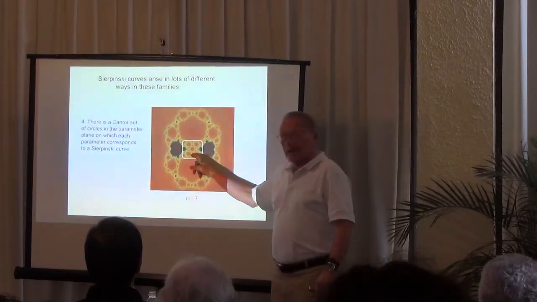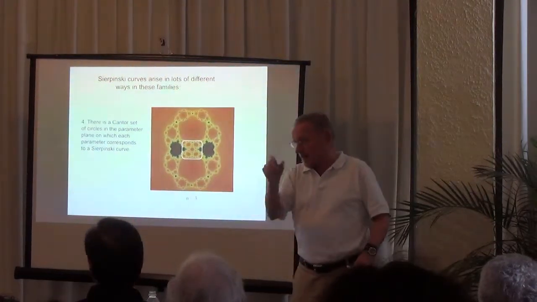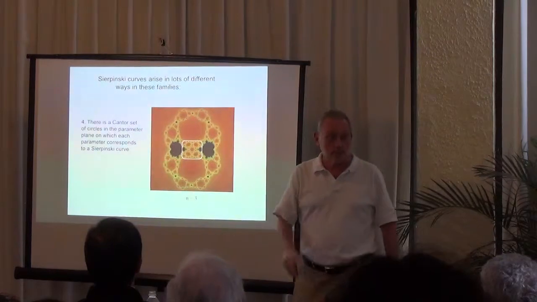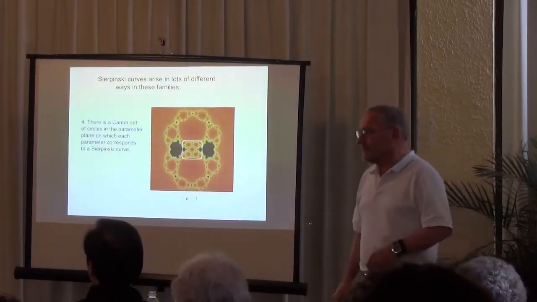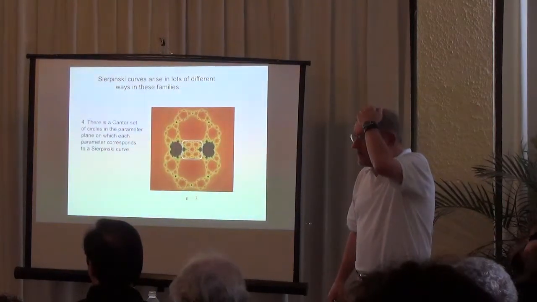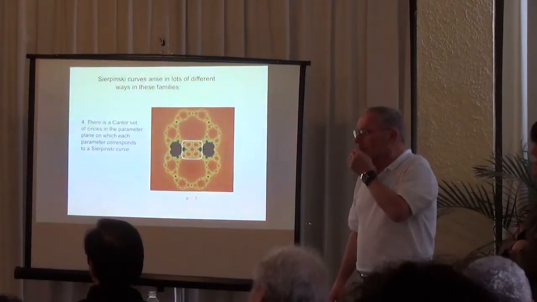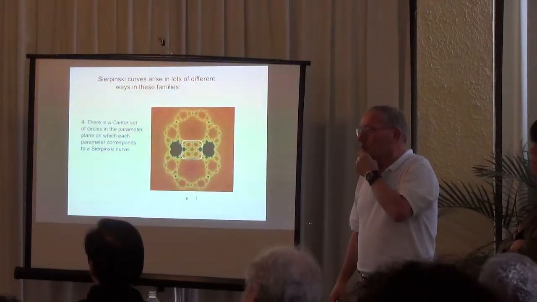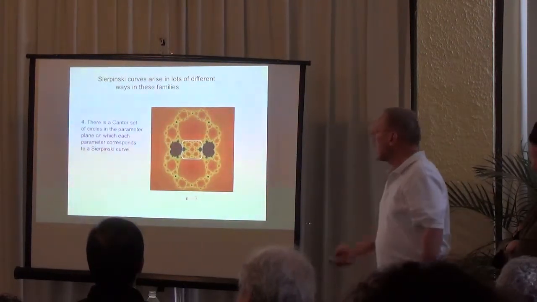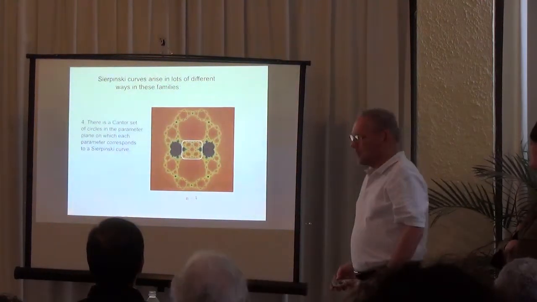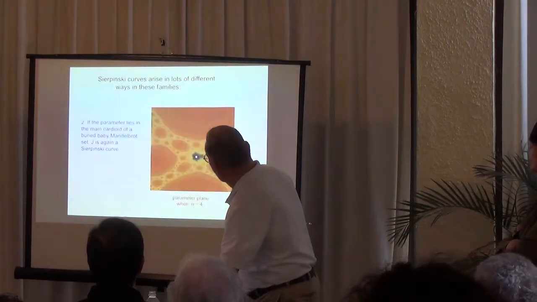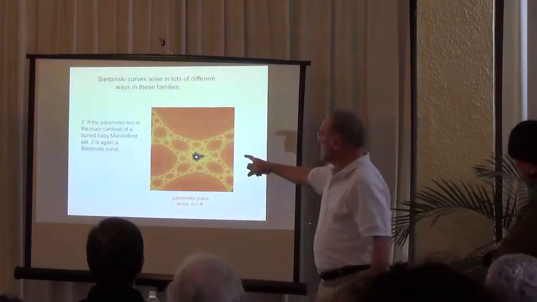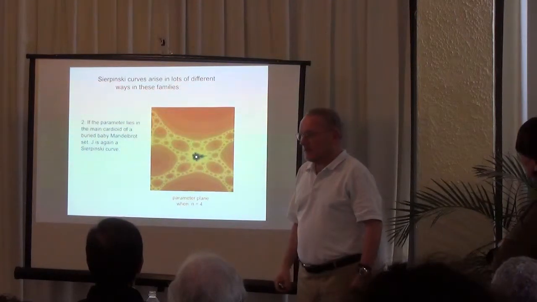Choose a parameter in the main cardioid right here, or in one of the satellite Mandelbrot sets. If you choose a comparable parameter in any of them, no, not at all. If you choose a Sierpinski Mandelbrot set, choose this one, which means that's the Sierpinski curve.